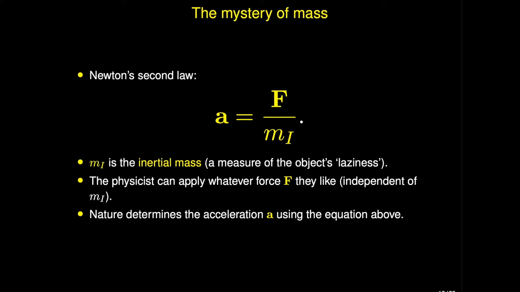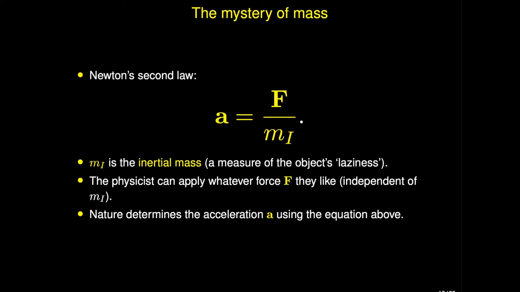That's why I've written Newton's second law this way. Imagine I have some different objects with different masses. I can apply the same force F, that same 5 Newton force, to all of those objects, but I will get a different acceleration in each. The bigger the mass is, the less acceleration I get. Really, the force F is something that I, as the physicist, can choose.